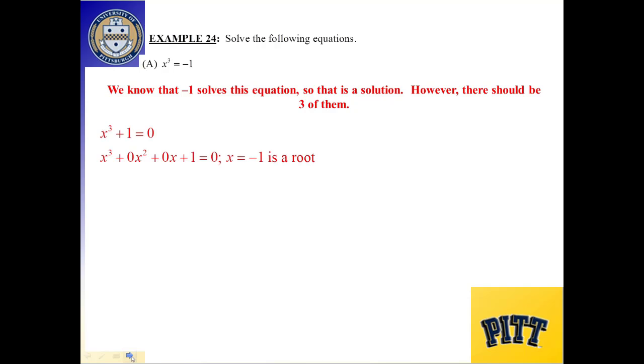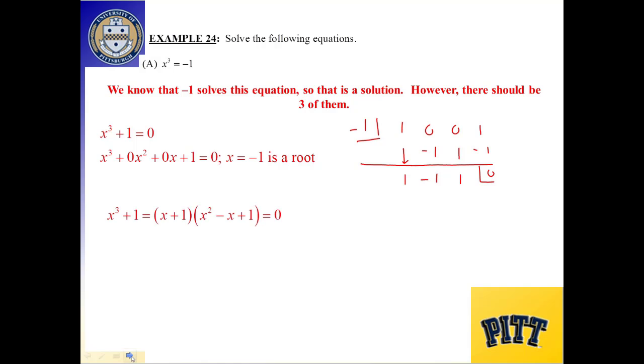So, when I start solving this equation, I first look at x cubed plus 1 equaling 0, which means I have x cubed plus 0x squared plus 0x plus 1 equaling 0, where x equals negative 1 is a root. I use synthetic division to work it out, and the expression x cubed plus 1 becomes x plus 1 times x squared minus x plus 1.